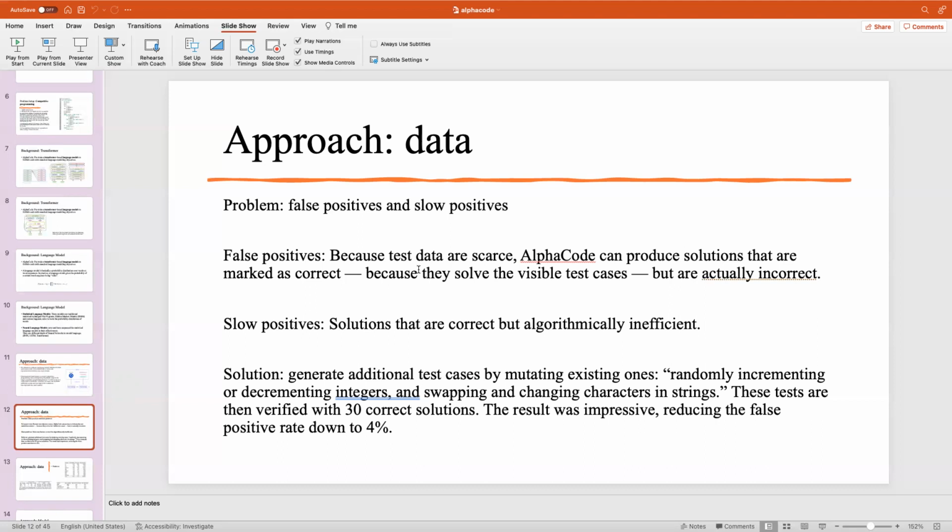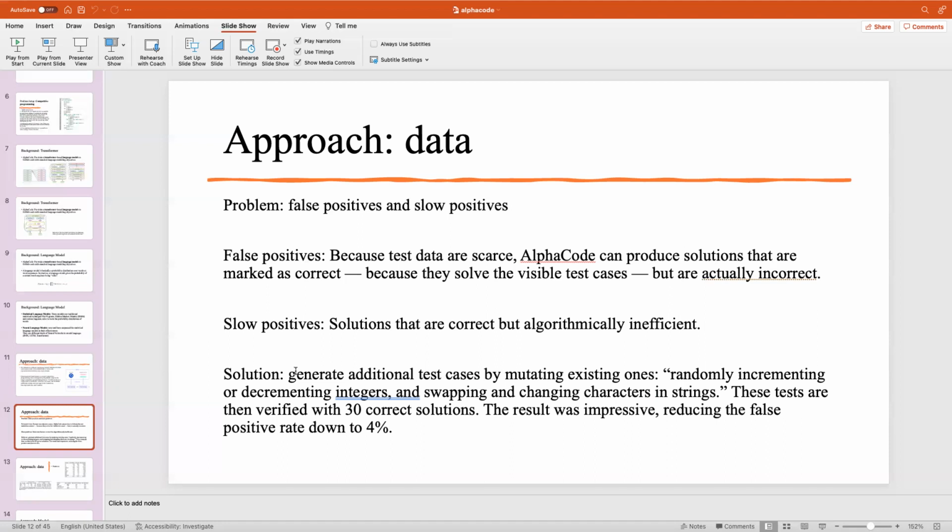They're correct, but they are not optimal. These two problems cause the quality of the data to be very low, and so the DeepMind team thought about a solution to address these two problems. The team will try to generate some additional test cases by mutating existing ones.